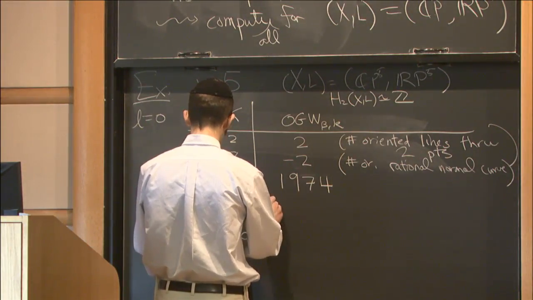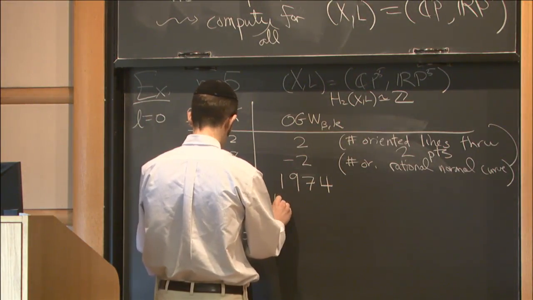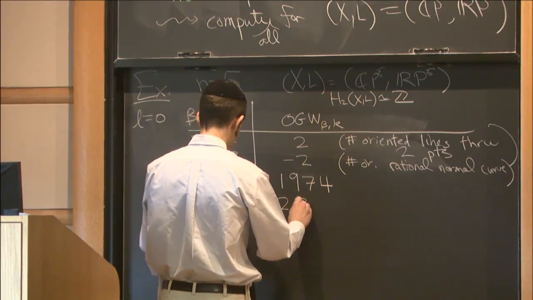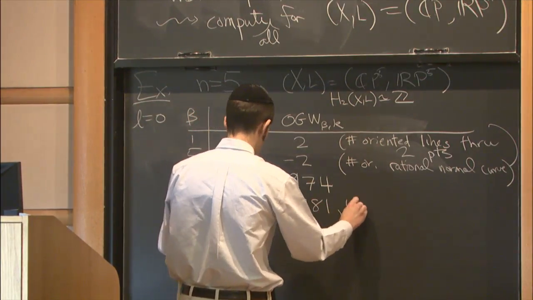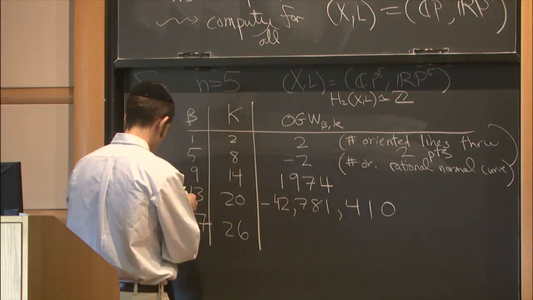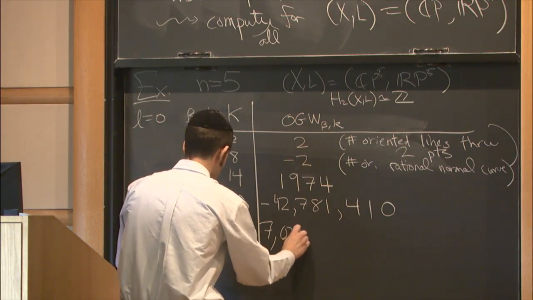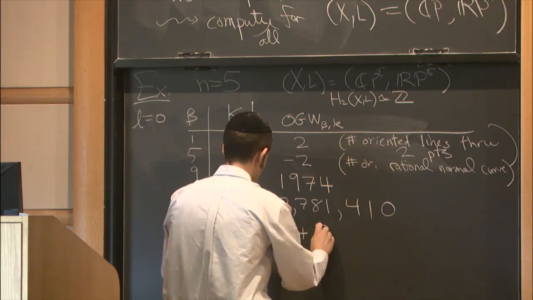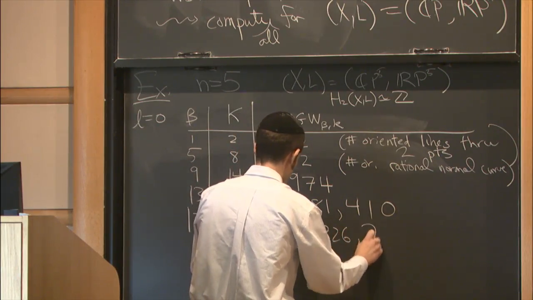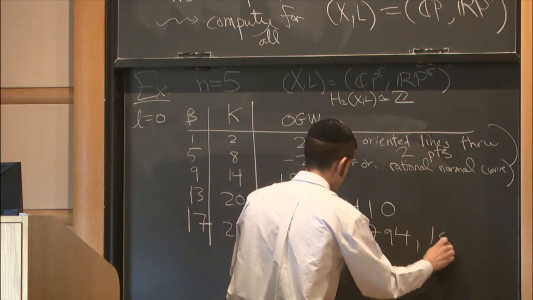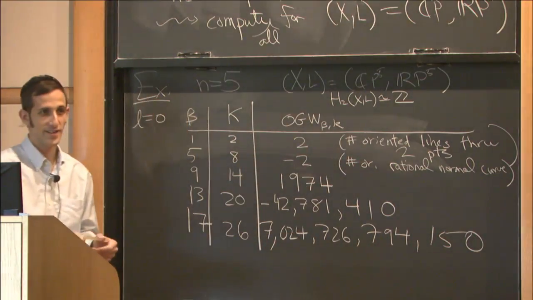And in degree 13, we get 42,781,410. And in degree 17, we get 7,726,794,150. And we can go on and on.